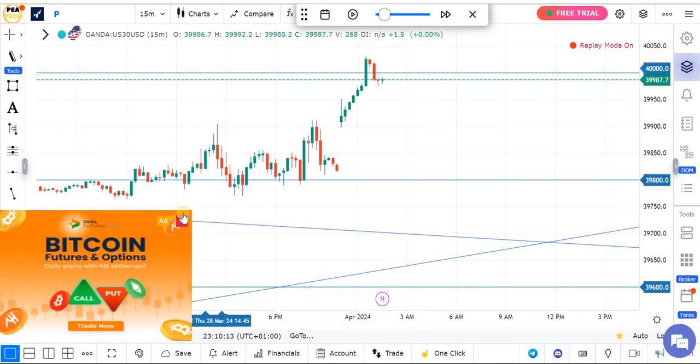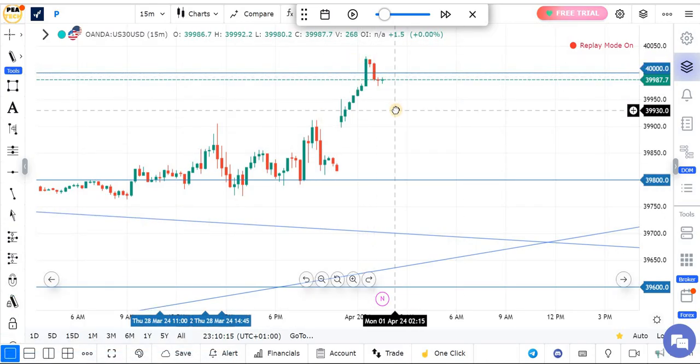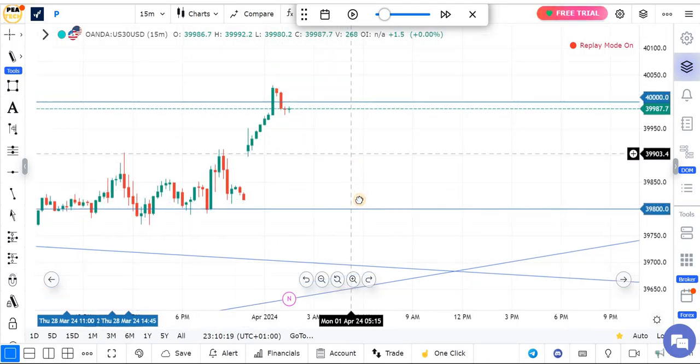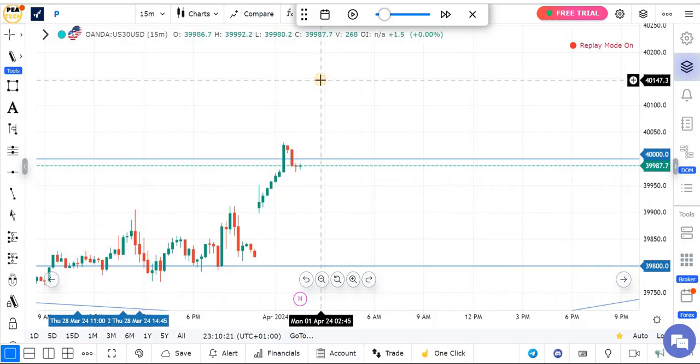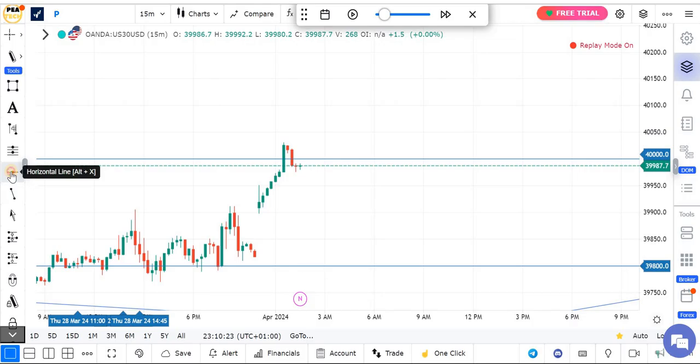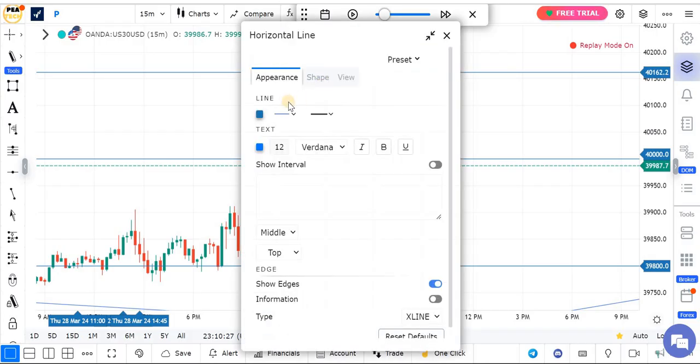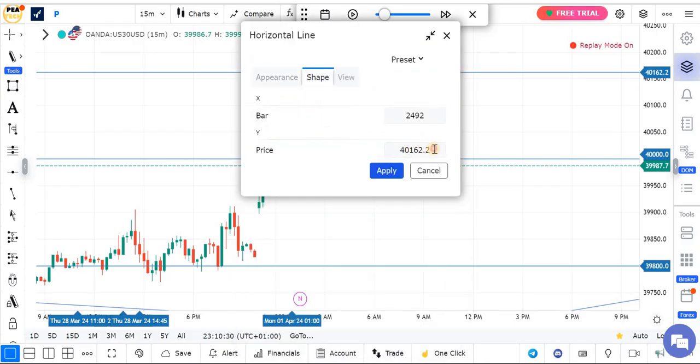This is the psychological level that we have reached. We are expecting this trade to either come back to the psych level or go upward again to another. So let's add another psychological level up. This one is going to be 42,000.